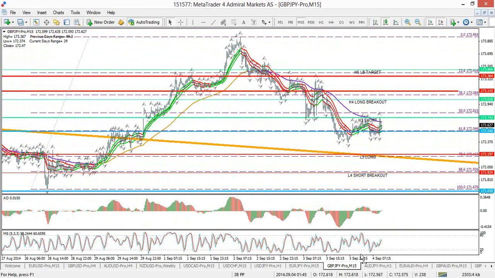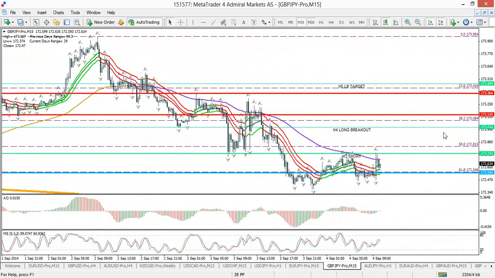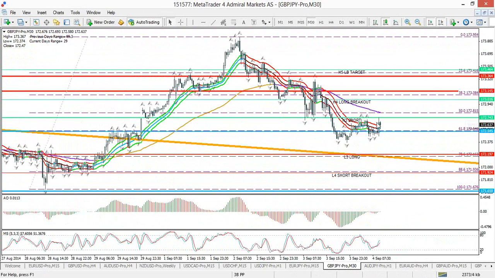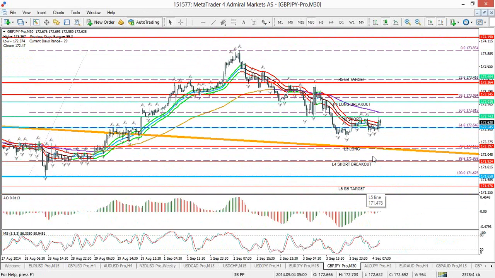How? By using the Camarilla levels, for instance, by taking the H3 breakout instead of the fib, and putting the stop loss maybe below the L5. Or if you want to use a tight stop loss, below this bottom. And depending which stop loss you use, then you can alter your TP.